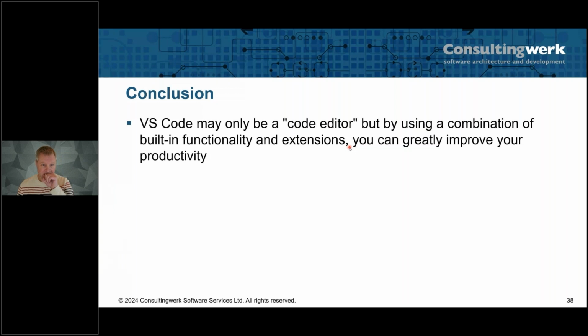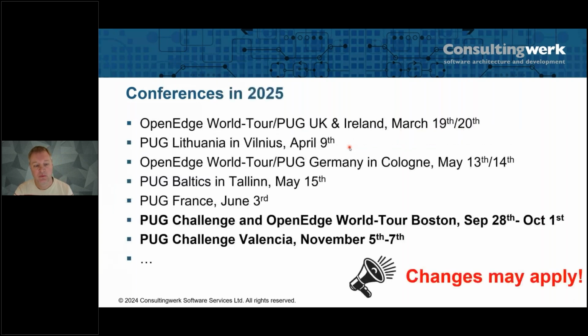Just on that, just to highlight a couple of places where you will be able to hear and see us. The Pug UK is obviously past as well. We need a time machine for that one too.